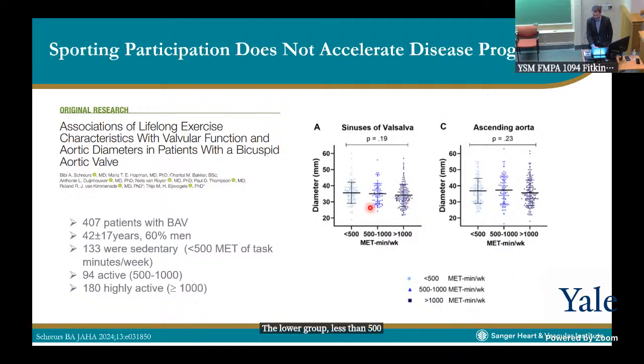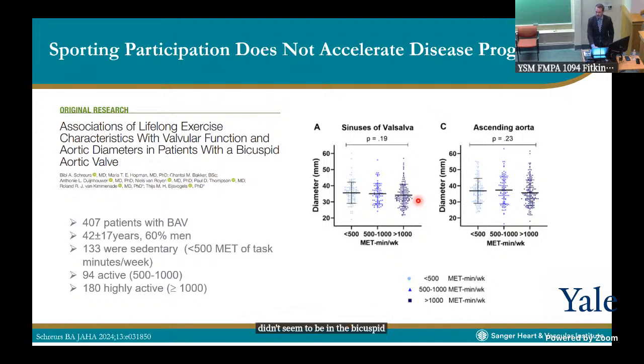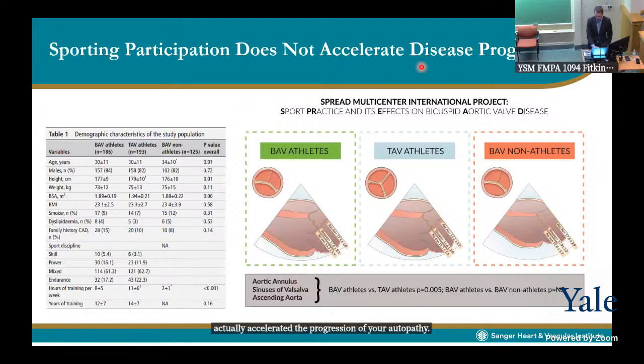And the reality is that we didn't really see any difference. There didn't seem to be in the bicuspid population a signal that exercising for a long time throughout your life actually accelerated the progression of your aortopathy. This was the other trial that looked at this, the SPREAD multi-center international project, and they looked at athletes with bicuspid aortopathy versus athletes with a tricuspid aortic valve versus non-athletes with bicuspid valve.